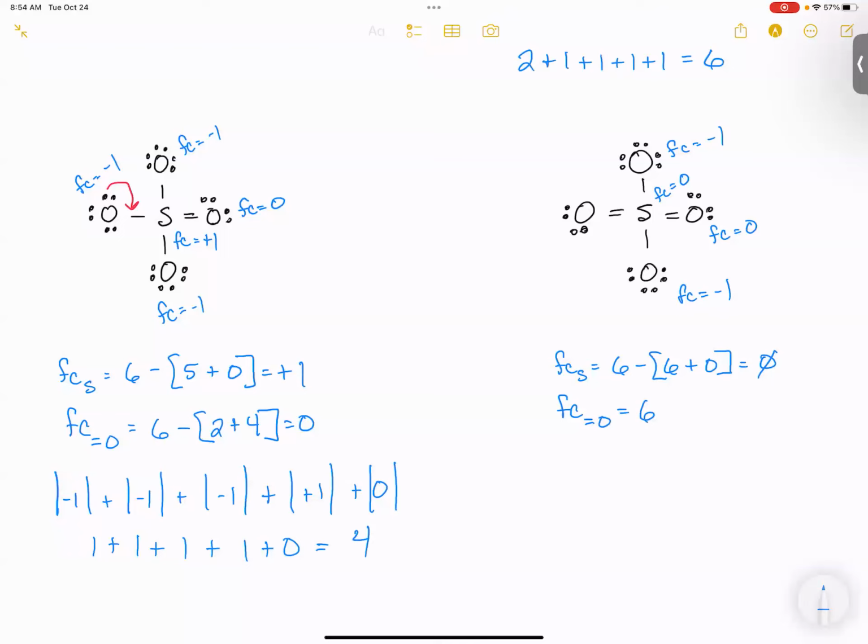We have 6 valence electrons, -1 for every bond. It has 2 bonds and +1 for every lone electron. It has 4. So that means it also is 0. So now if we look at the absolute value of our formal charge, it would be a +1, +0, +0, +1, +0, or in other words, it's a total of 2.